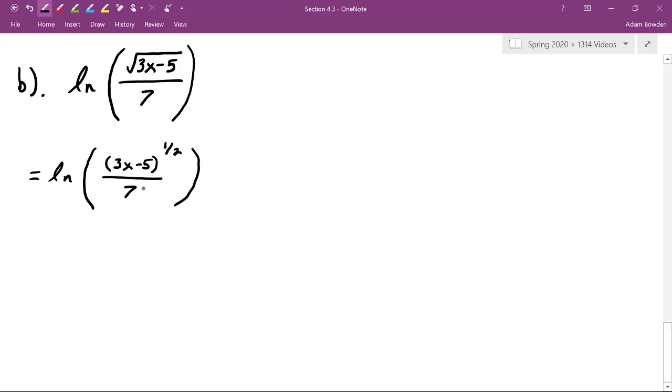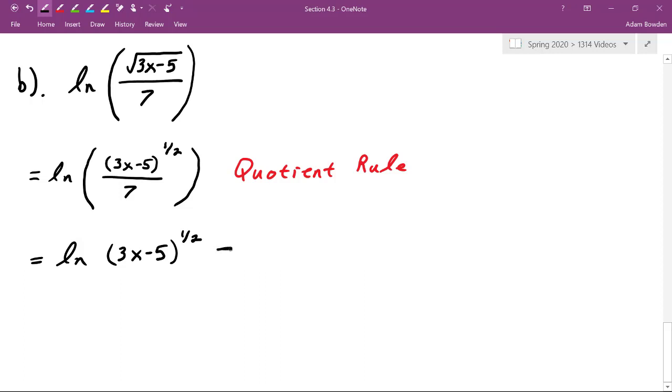Notice that we have numerator and denominator. So what I'm going to use is the quotient rule on this step to expand it into 2 logarithms, one for the numerator, one for the denominator. So that would go natural log of (3x minus 5) raised to the 1/2 power. Since this is the quotient rule for division, it breaks apart into a subtraction with the logarithm of 7.